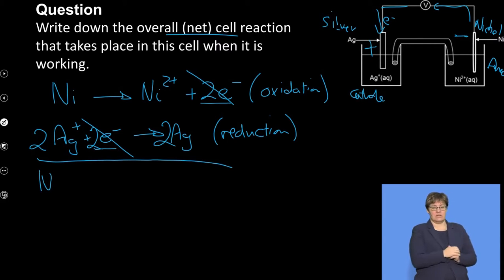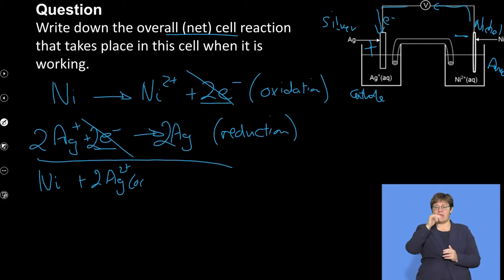So I'm going to say nickel plus 2 Ag+. Please write the ions in and recognize that this is an aqueous solution. That's a solid. It's the electrode. It forms nickel ions.